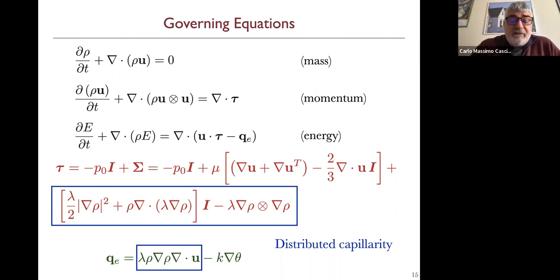So, for instance, the stress tensor that appears both in the momentum and in the energy equation consists of a part which is the standard Navier-Stokes part, so the pressure plus the typical dissipative Newtonian contribution. In addition to that, there is the part which is framed in blue, which corresponds to this distributed capillary stress.